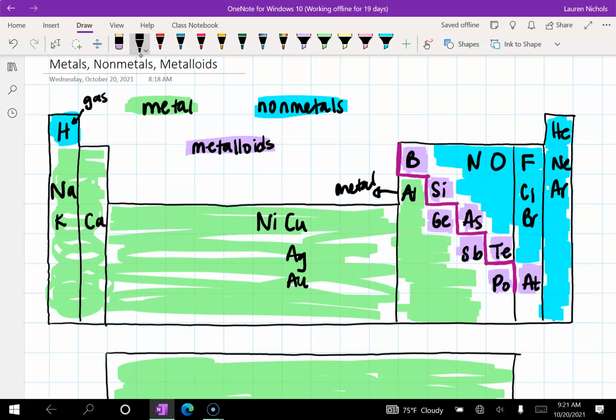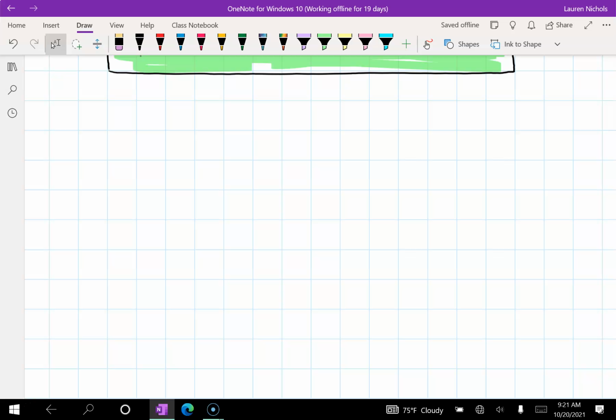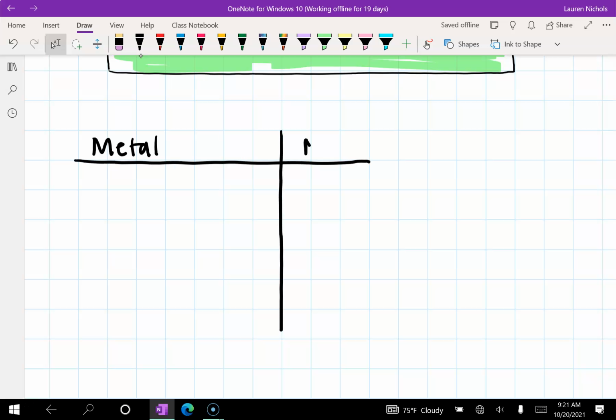So you have to be able to decide whether it's a metal, nonmetal, or metalloid simply by its location on the periodic table. Now with these three groupings, we can actually classify something as being a metal or a nonmetal simply by its chemical and physical properties.